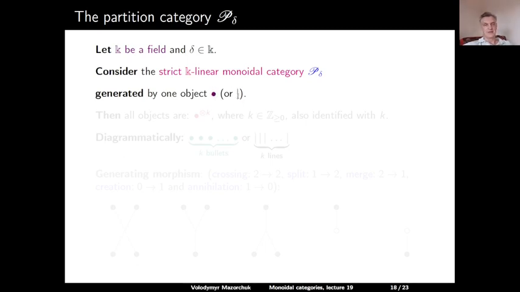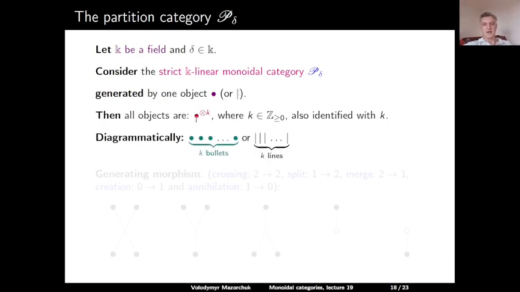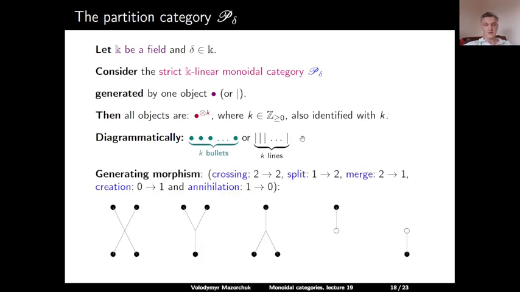It simplifies some pictures and we will use this now in the definition of Carly P. Then, of course, all other objects are just the tensor powers of this object bullet, and we draw them diagrammatically either as k bullets, which are aligned on a horizontal line, or k vertical lines, which we draw one after another. Now we have 5 generating morphisms.